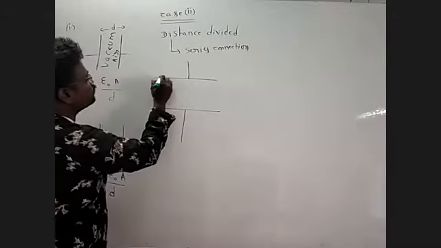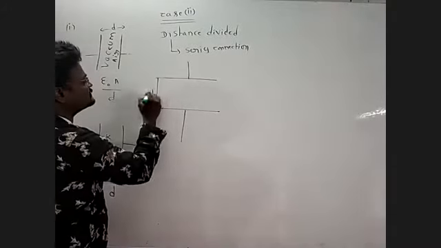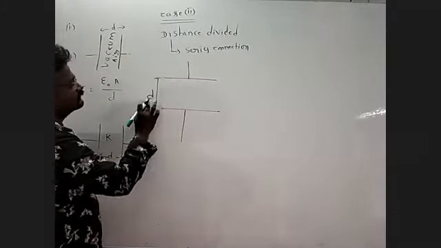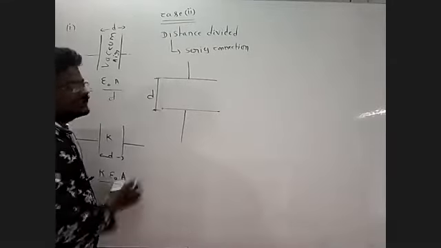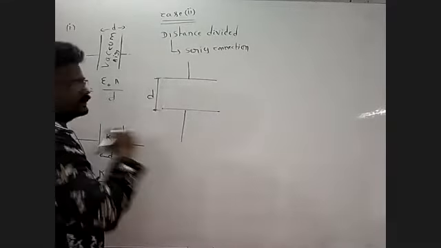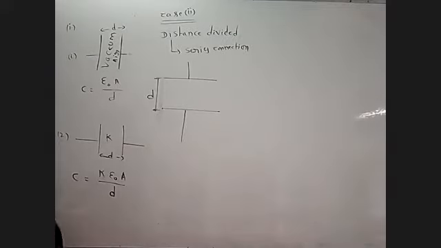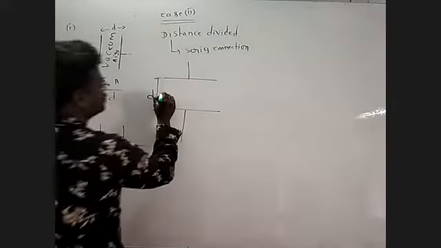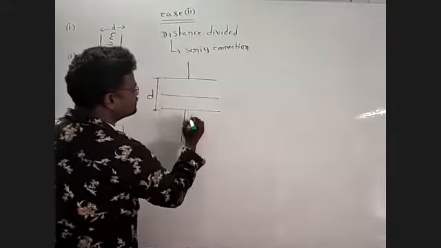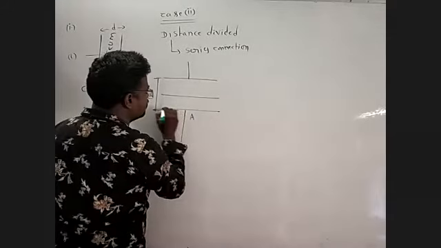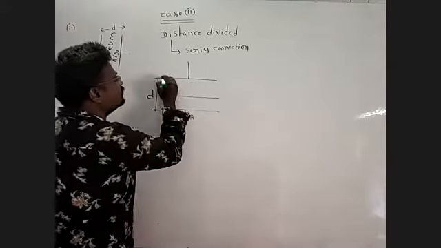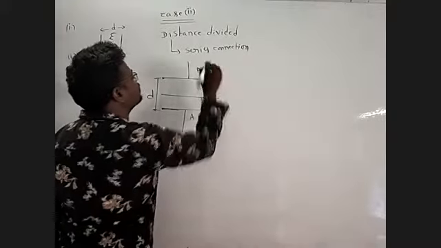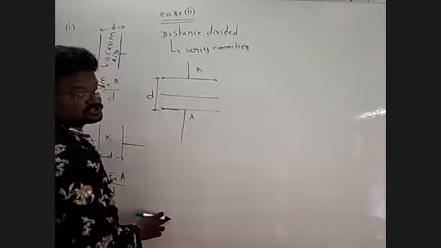The total distance is D. This D can be divided into a number of parts. From here to here is the cross-section area A.